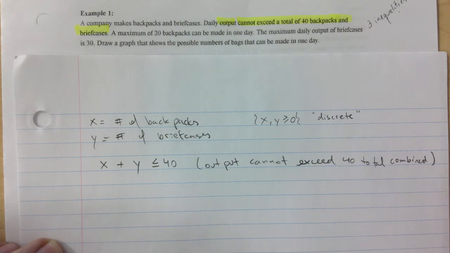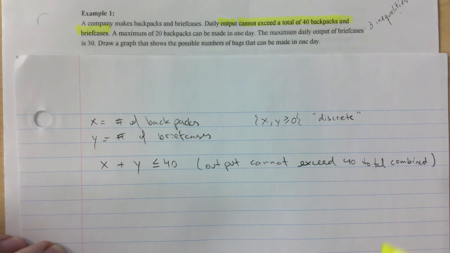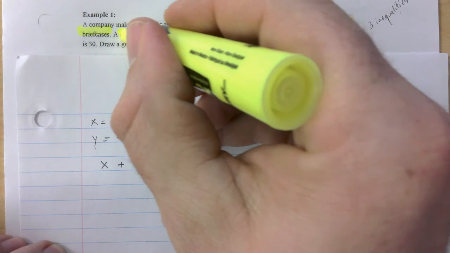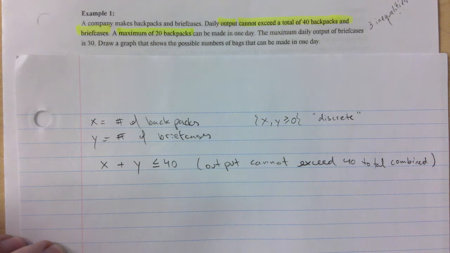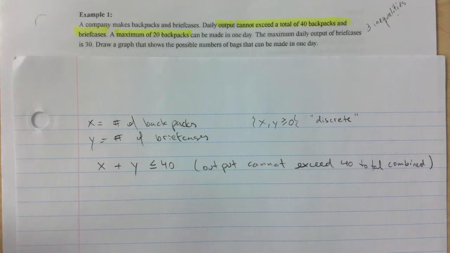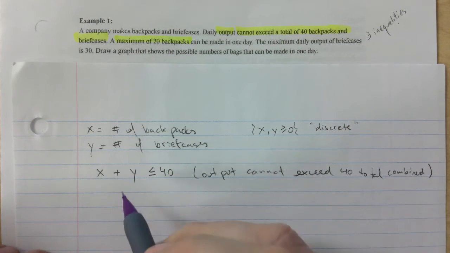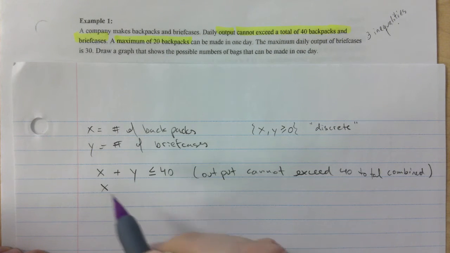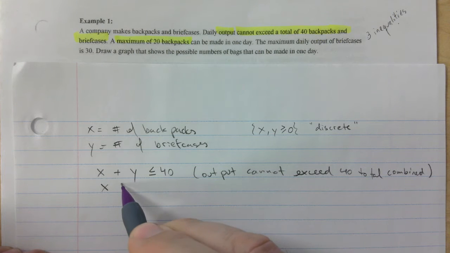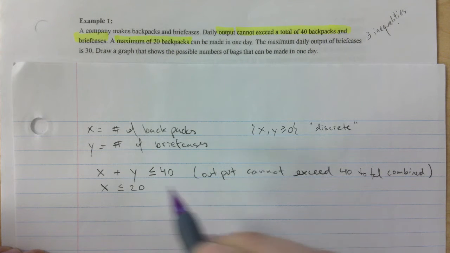Okay, there it is. A maximum of 20 backpacks can be made. That is specifically talking about backpacks. So what do you think is going to happen there? Backpacks is X, and that has to be less than or equal to 20.